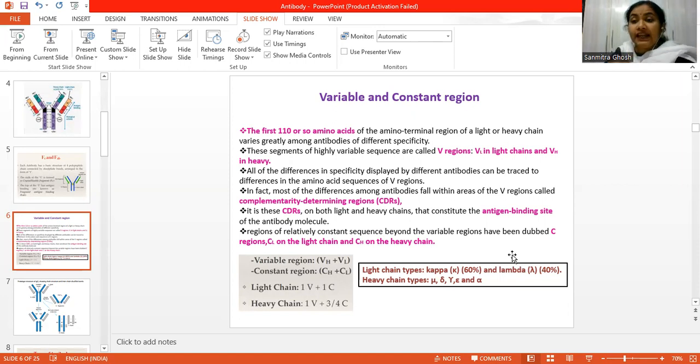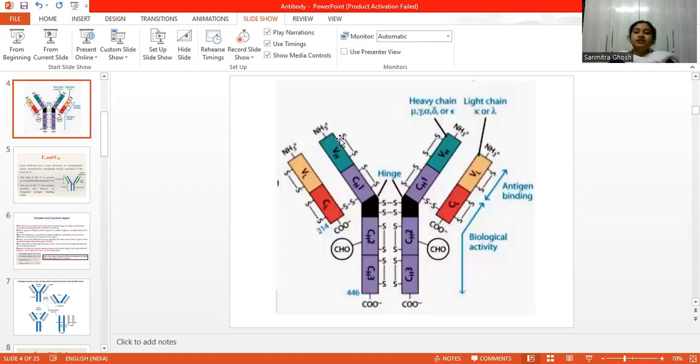So in the total structure of the antibody, the variable region comprises VH and VL. Again, if I refer back to this picture, the variable region comprises the VH region and the VL region, corresponding to the variable regions of the heavy chain and the light chain.